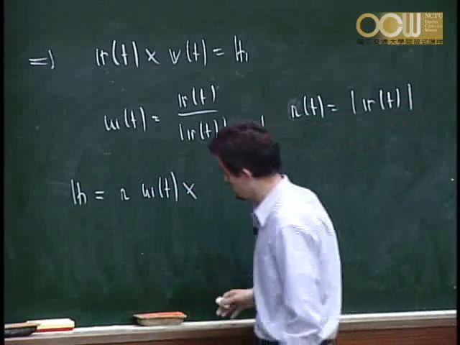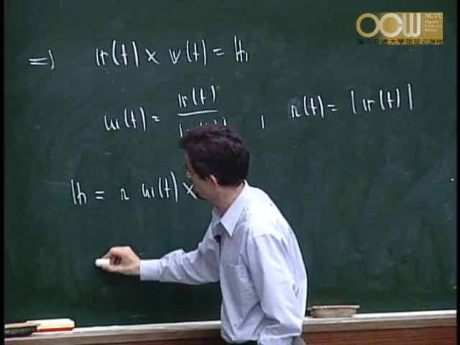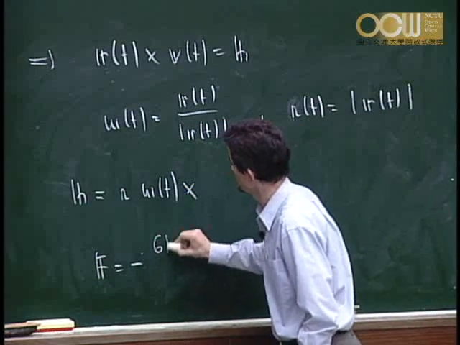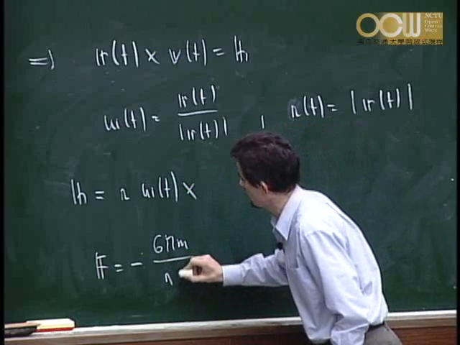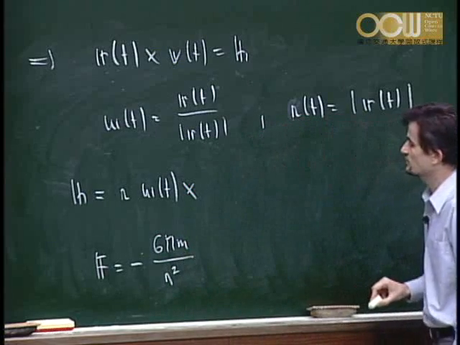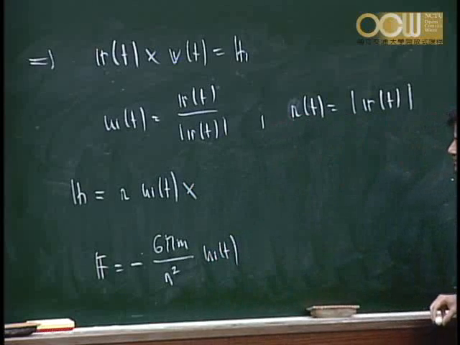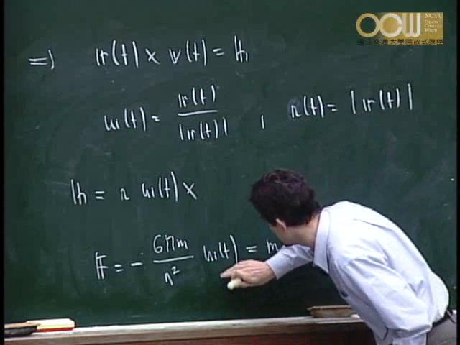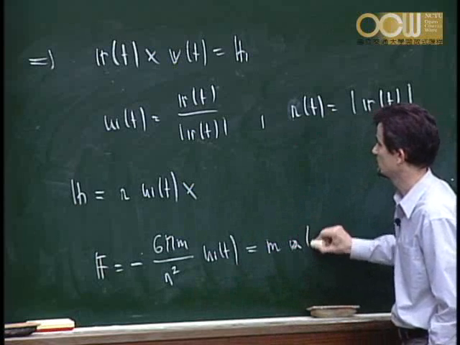What we also know is that the force is given by minus g m over r to the cube times r, but I can write here r square, and I get here u of t. Because of Euler's second law of motion, this must be equal to m times a of t.